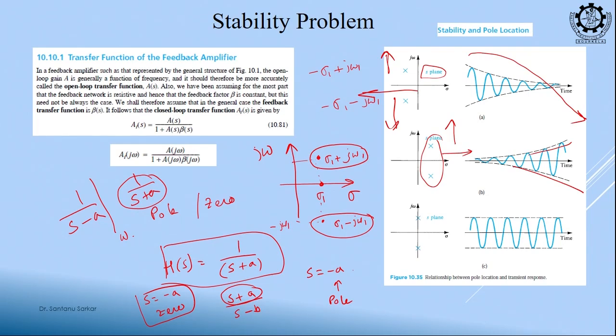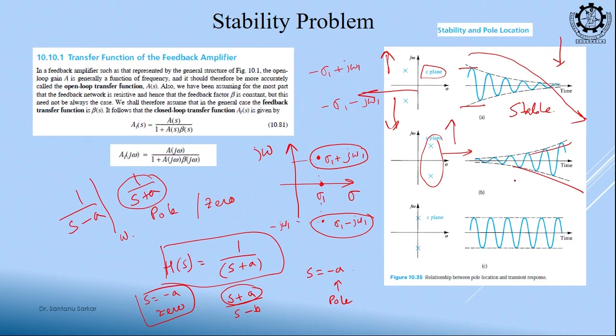So there is a chance. If I give a bounded input, in case my poles are in the negative plane, the chance that it will be within the range is more. So by default we say, if the poles are in the negative half of the S plane, it is stable.